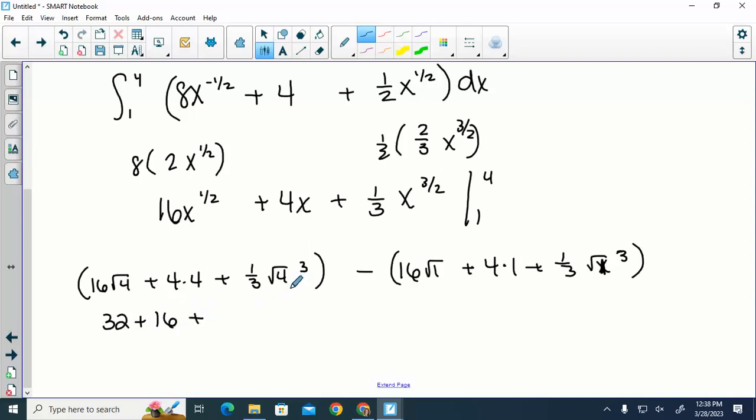The square root of 4 is 2, cubed is 8, so that would be 8/3. Minus 16 plus 4 plus 1/3. So 48 minus 20 is 28 plus 7/3.